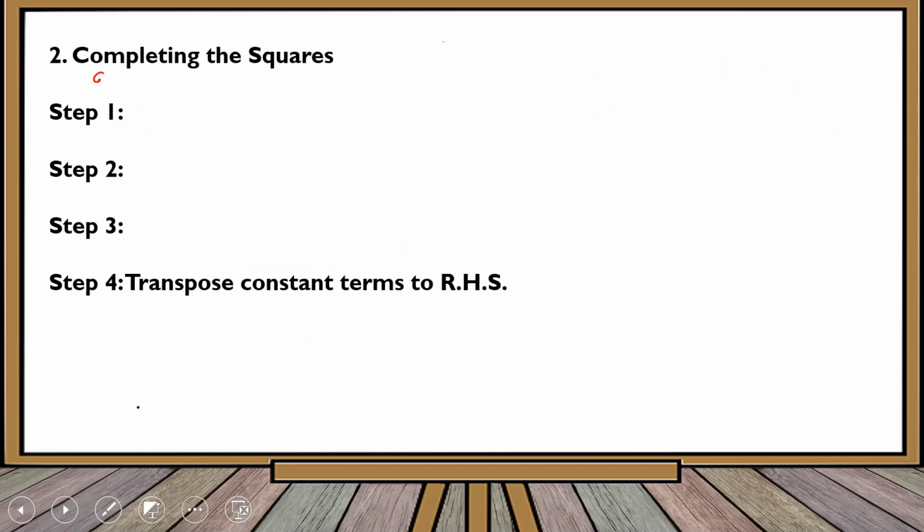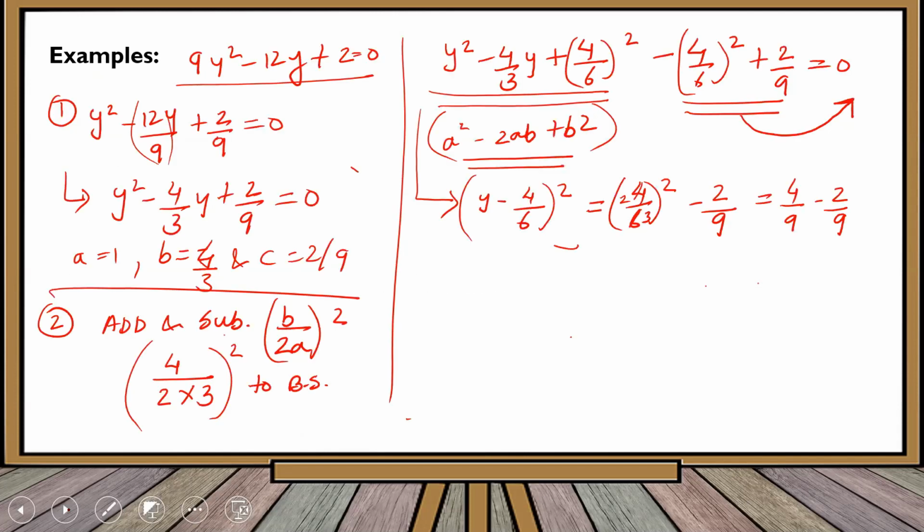The denominators are the same, so 4 minus 2 upon 9. So this will be 2 upon 9. So now what do we have? We have y minus 4 by 6 whole square is equal to 2 upon 9. Now we need to get rid of the square. So what do we do? We will take the square root of both sides.